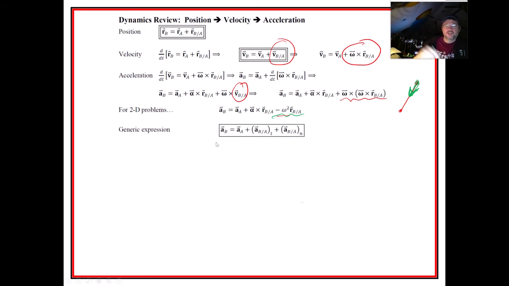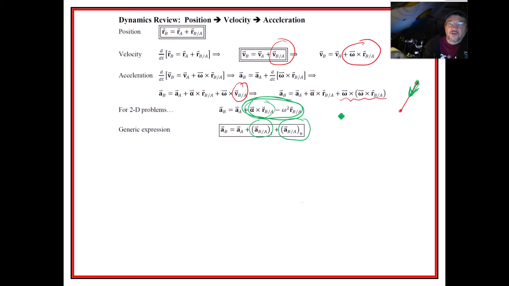But we also note, so that's the normal acceleration, like we like to call it. And this other one is the tangential. So this is like a generic expression that tries to express the different components, or the breakdown of what this whole thing right here is, the relative acceleration.